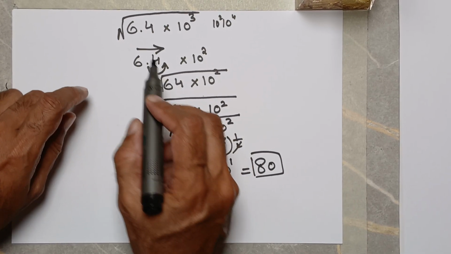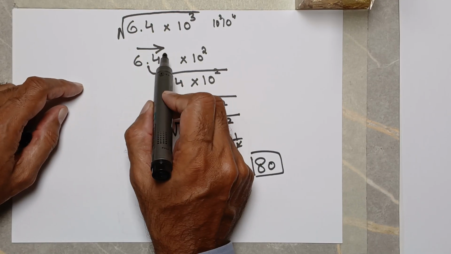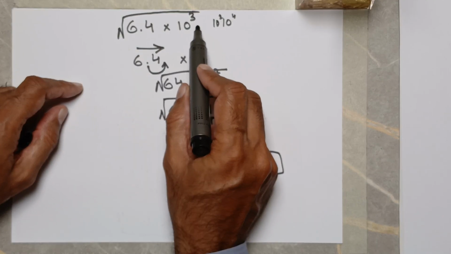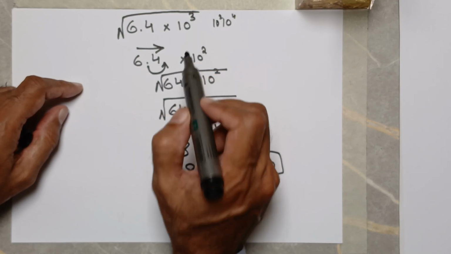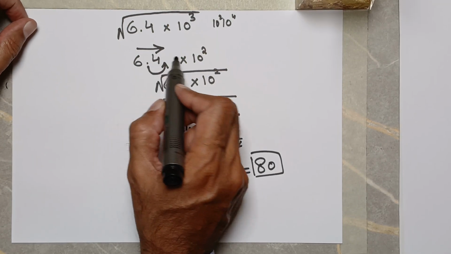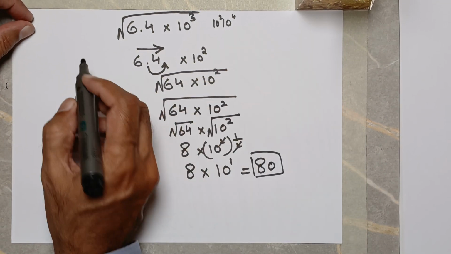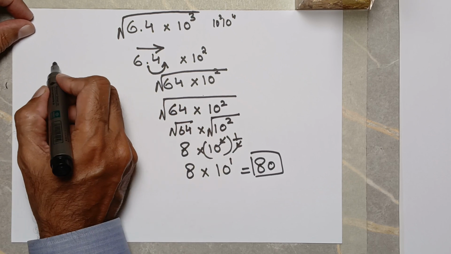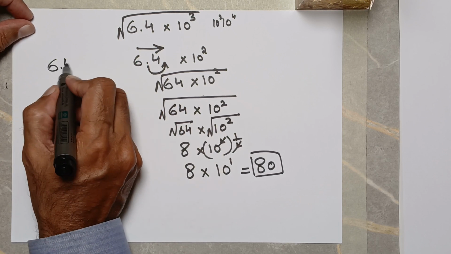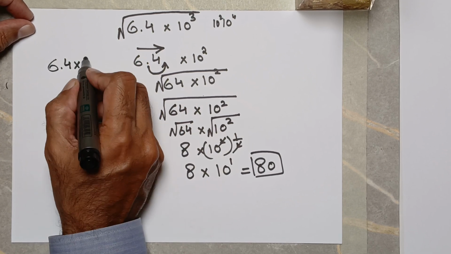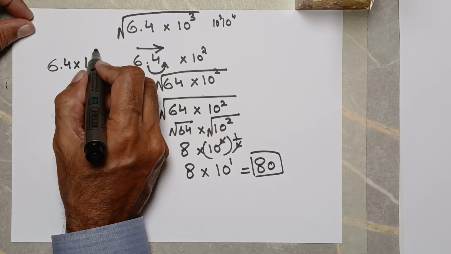Now here we have shifted the decimal towards our right, and we have reduced the value of the exponent. But if we increase the value of the exponent and make this 3 to 4, that is also quite simple. Suppose that I write 6.4 by 10 raised to the power 3.